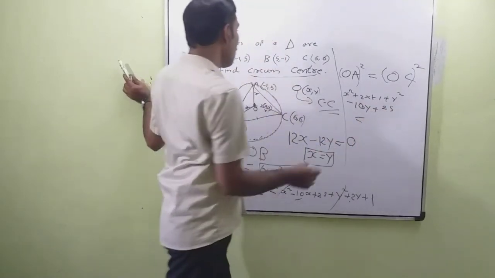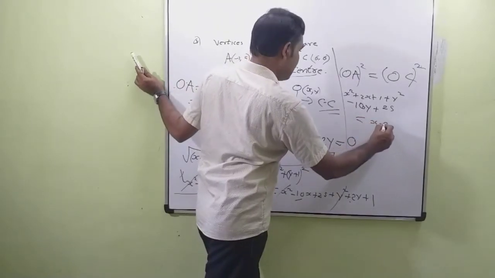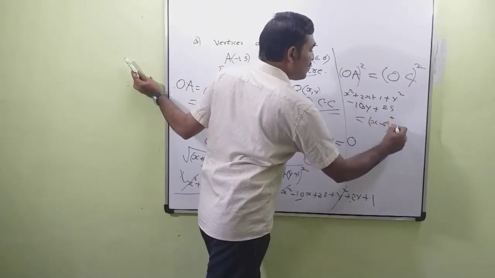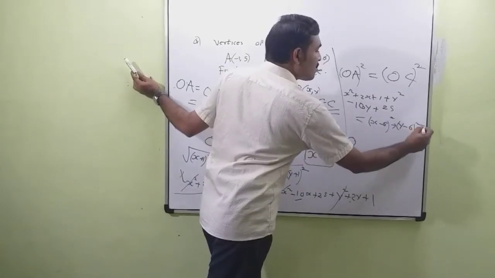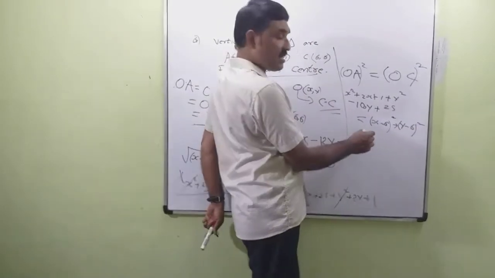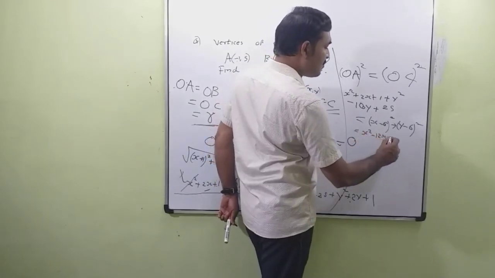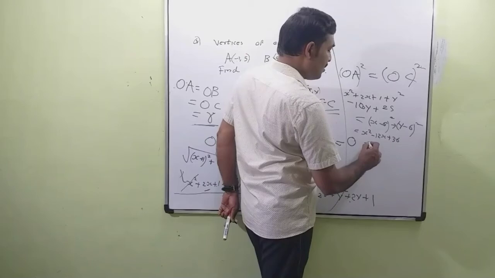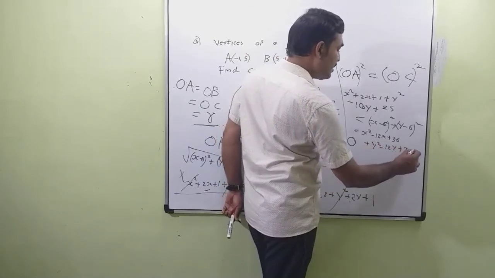This is equal to OC square, that is x minus 6 the whole square plus y minus 6 the whole square. By expanding this term, it becomes x square minus 12x plus 36 plus y square minus 12y plus 36.